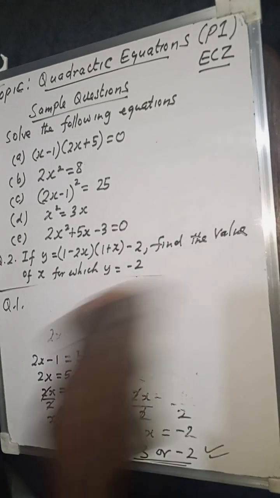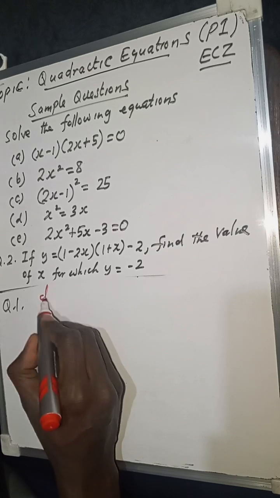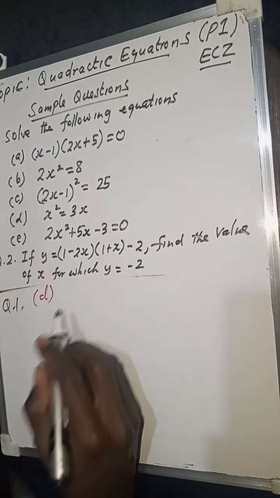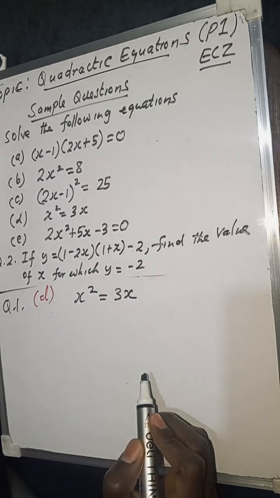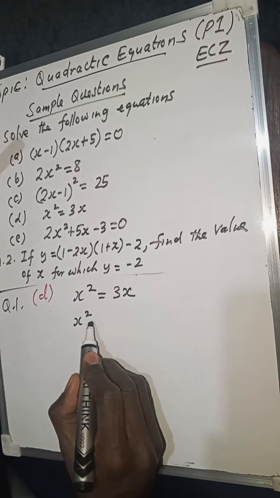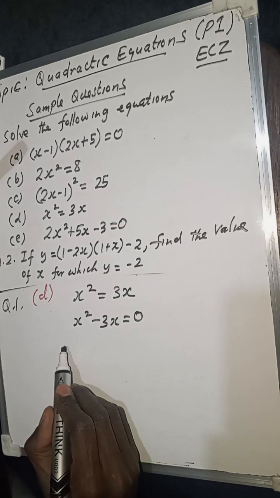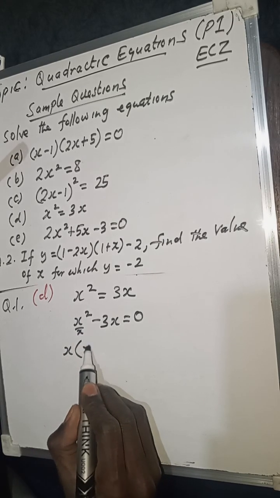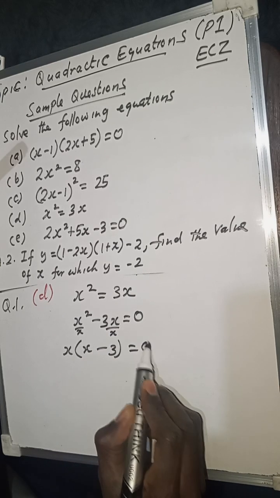Right, let's move on to D. They have given us x squared is equal to 3x. You can bring this one this side, so it will be x squared minus 3x is equal to 0. Then you can factorize. So x is common. When I divide x there, I'll remain with x. When I divide x there, I'll remain with the minus 3, which is equal to 0.